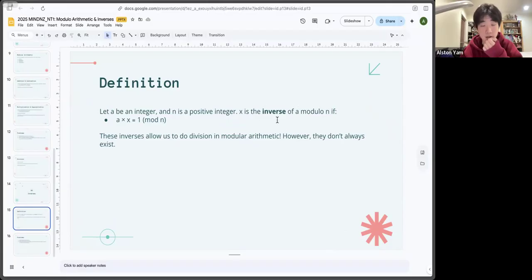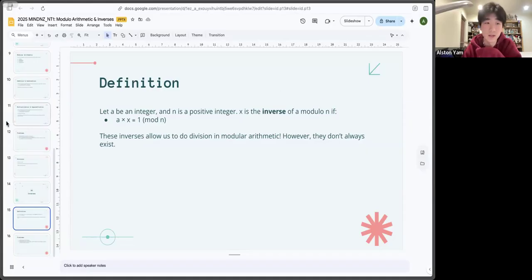That is a new term that might be unfamiliar to some of you. So x is the inverse of a modulo n if we have a times x is congruent to 1 mod n.